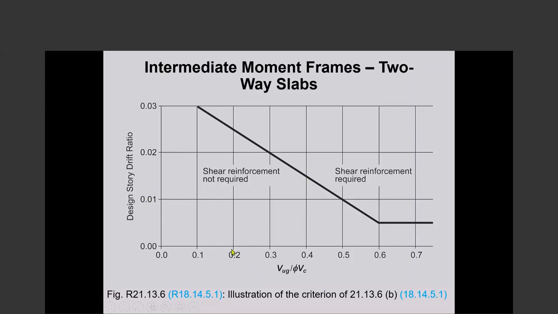If your punching shear due to gravity is only 20% of what concrete can carry, then up to 2.5% story drift, you do not have to provide punching shear reinforcement. But if your design story drift exceeds that, then you provide punching shear reinforcement.